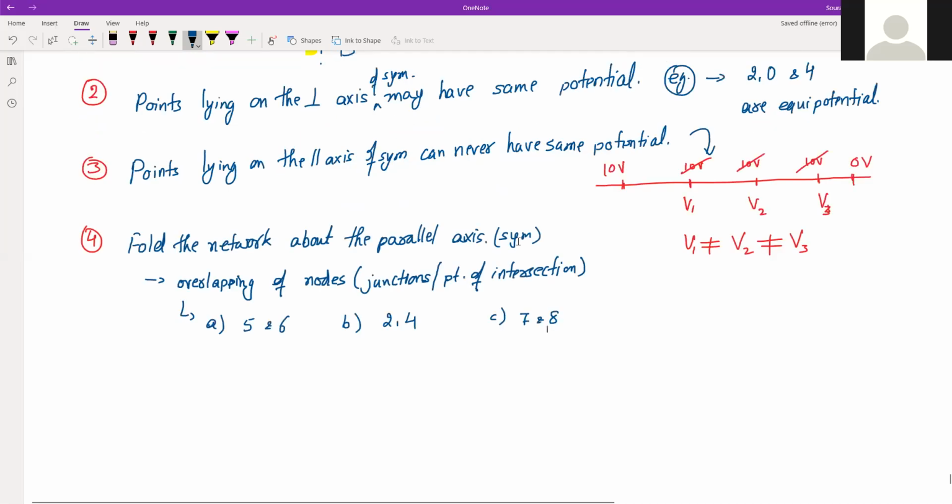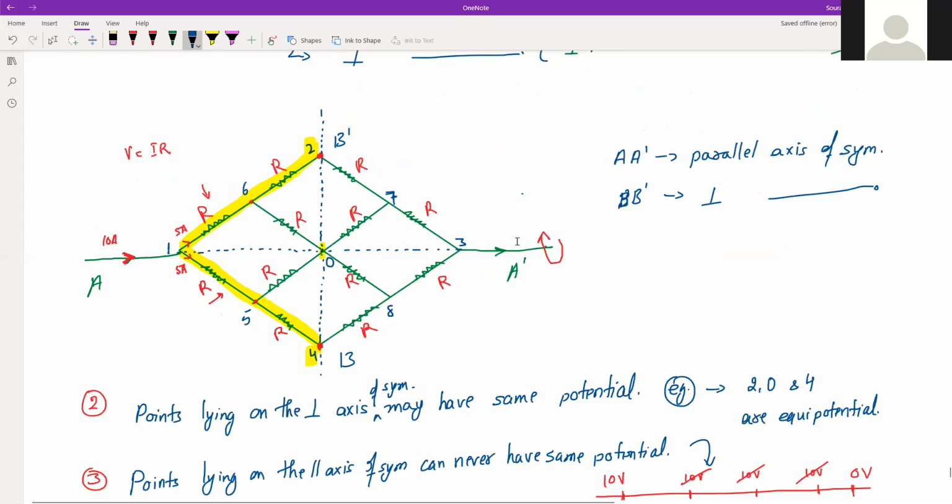Now we have already told that 2 and 4 are equipotential. Why? Because not just 2 and 4, 2, 0 and 4 are equipotential, because they lie on the perpendicular axis.